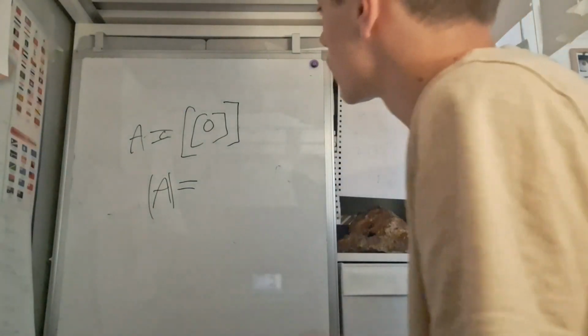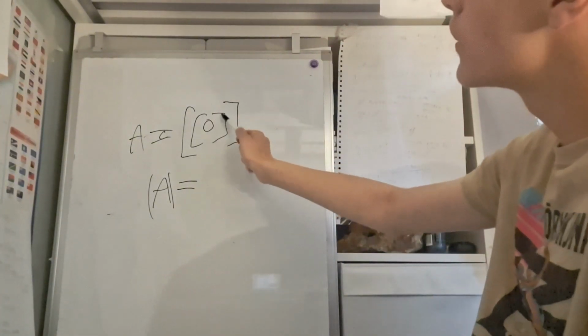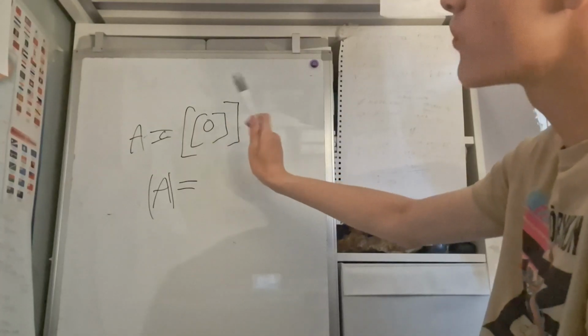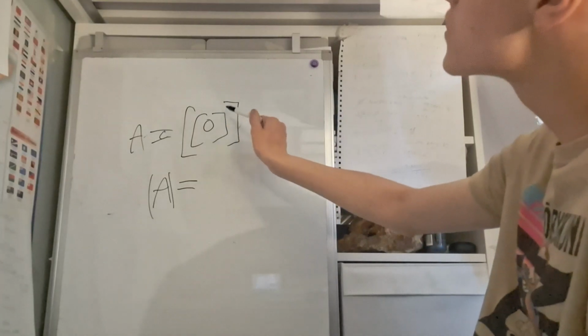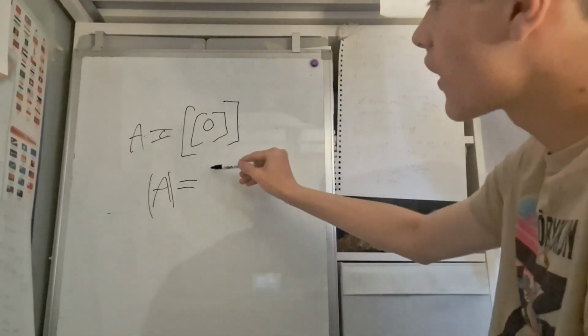So, set A contains a set which contains 0. The cardinality of that set is 1, but that's not important. So, since there's only one thing in A, that means its cardinality is 1.